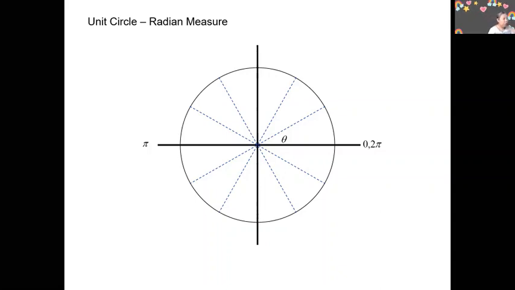So over the unit circle, if we explore the radian measures, then still this is 0, and then measured 180 from there, and then this will be labeled with pi, right?